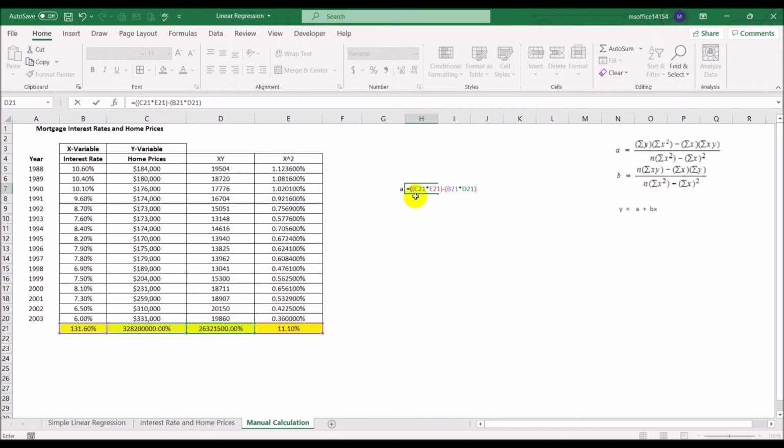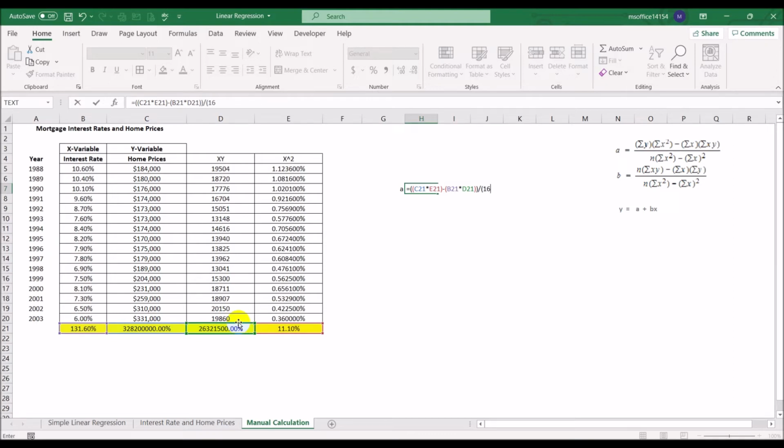I put a double bracket open here because when I divide, I want it divided by the whole numerator. Divided by open bracket, and we have 1, 2, 3, up to 16 entries, so n is equal to 16.